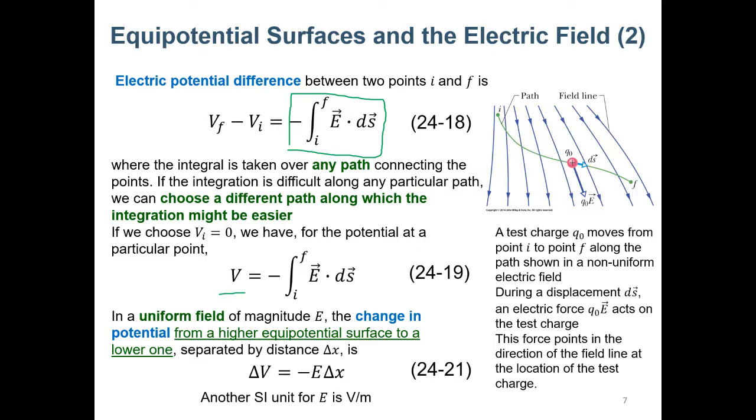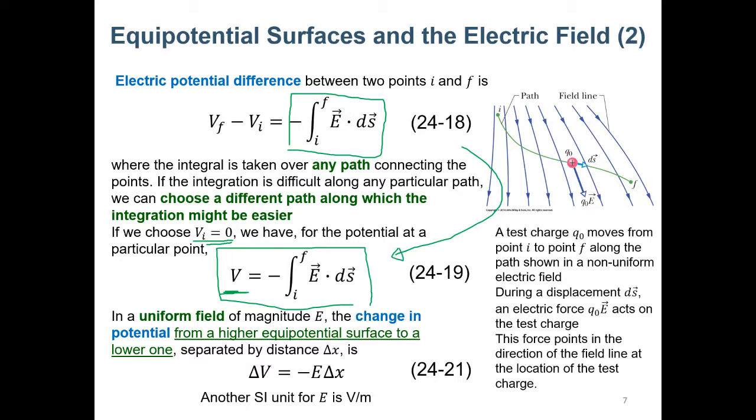So the voltage difference can be written like this. If you define Vi to be 0, just like what you did in circuit analysis, where usually you define one of the nodes to be ground so that the calculation is simpler, it doesn't really matter whether it is 0, 1, or 100, but as long as you can define it, you can define it as 0, so that this can be simplified like this.